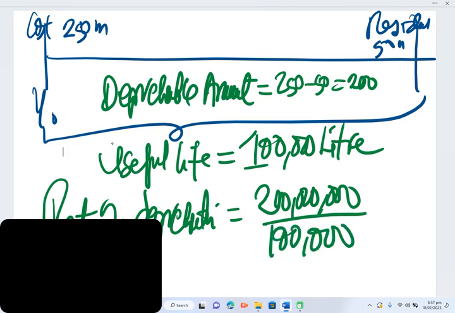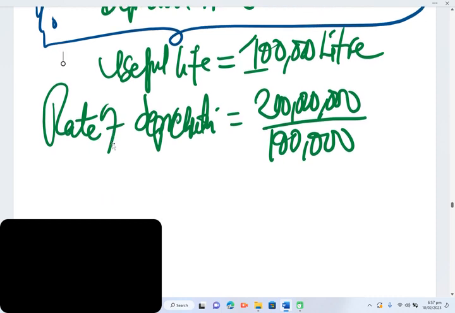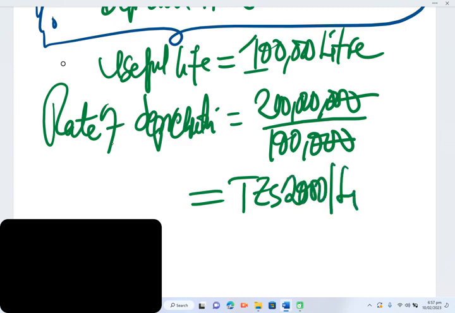Unapata ngapi? Ni lita laki, lita 2,000. Kwa hiyo ikiprint lita 1 inadepreciate kiasi gani? 2,000.